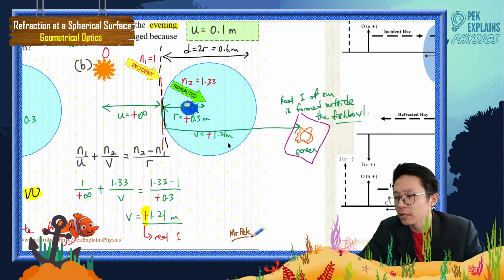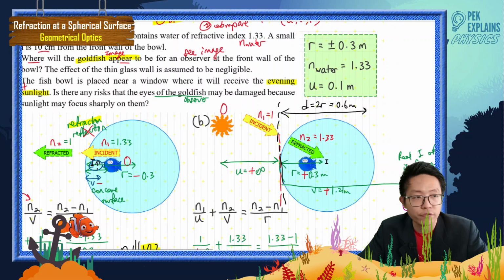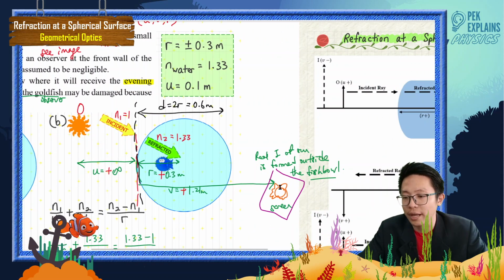So is the fish safe? Will the eyes of the goldfish be damaged or not? Will the sunlight focus on the fish inside the water? No. The real image of the sun is formed outside the fishbowl, so it will not focus on the eyes of the fish. So the fish can live inside the water.